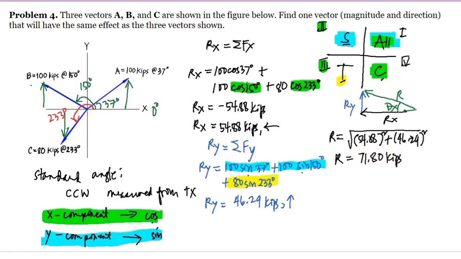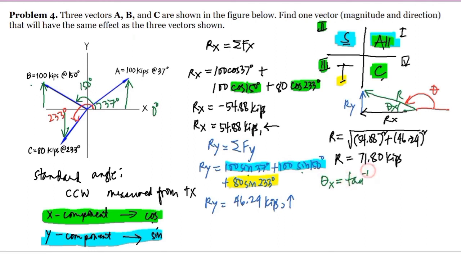Now solving for the direction, we'll be using this format as you can see here. For the vector A, it is 100 kips at an angle of 37 degrees. So we will be solving for the standard angle. The standard angle is measured from 0 degrees counterclockwise. And this theta is our direction. So solving for the theta, first we will be solving for theta x. Theta x is equal to opposite over adjacent, so that's tangent.